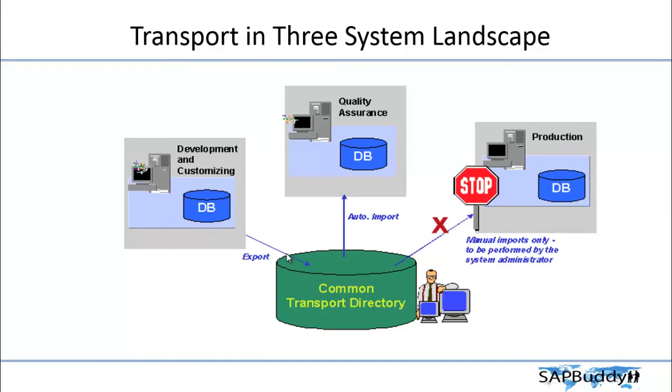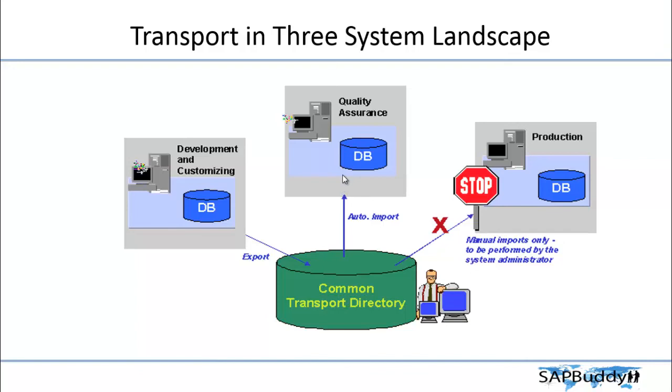That means it will create a file which contains the details or the information of that specific object. So all the changes, all the programs, everything will be accumulated in a file that will be exported into the transport directory. After the TR is exported to the transport directory, then the TR can be imported in any system.